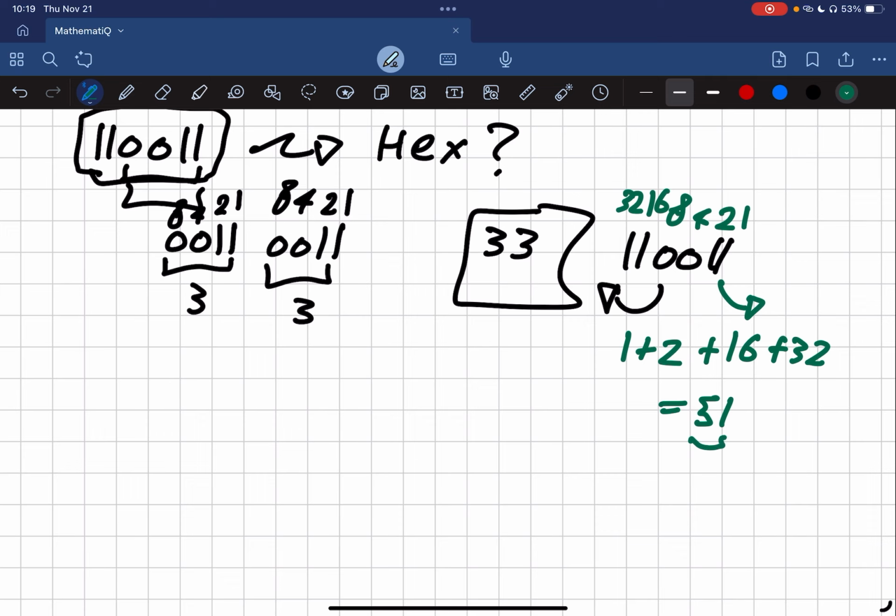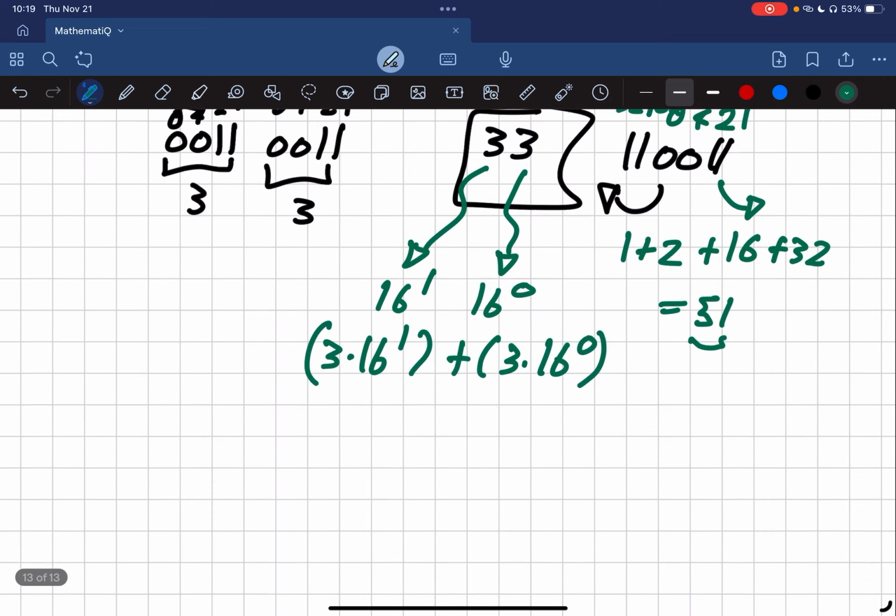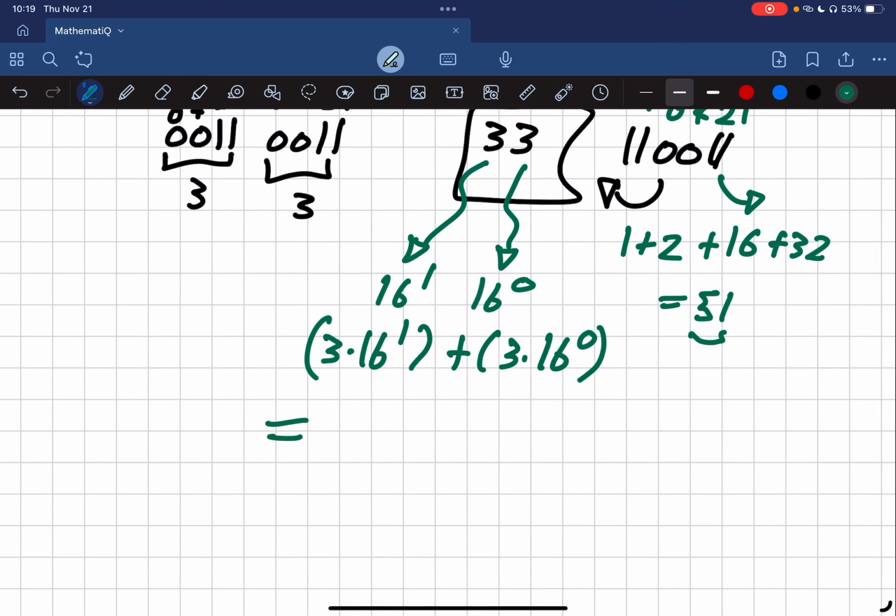Another way to check this is with the weights of the hexadecimal number. Since it's a base 16 number, the weights are 16 to the 0 and 16 to the 1. So if we do 3 times 16 to the 1 plus 3 times 16 to the 0, 3 times 16 to the 1 is 48.